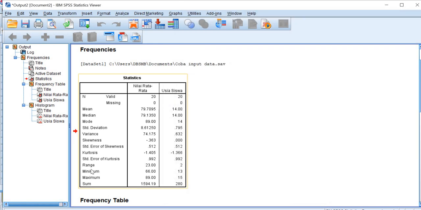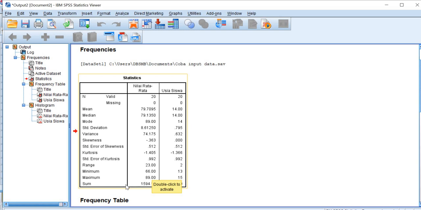Range is the difference between the maximum and the minimum score, and we have 23 points here and 2 points here. We get the range from the maximum score minus the minimum score: 15 minus 13 means 2, and then 89 minus 66 is 23.